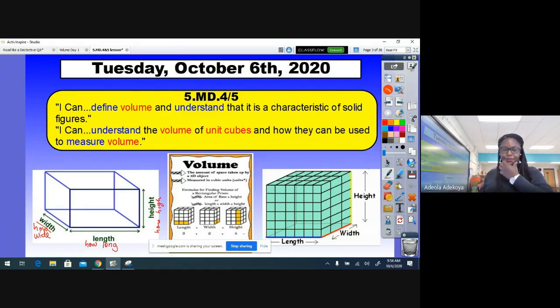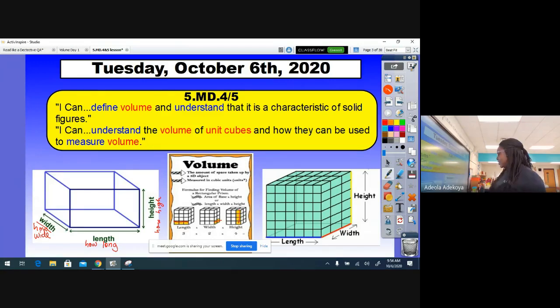Those are the three things we need: the length, how long it is, the width, how wide it is, and the height, how high it is.